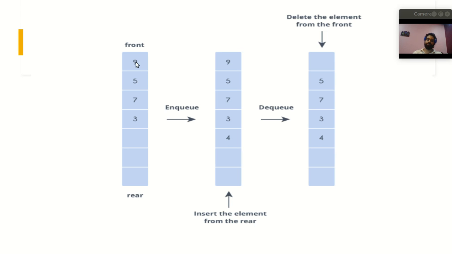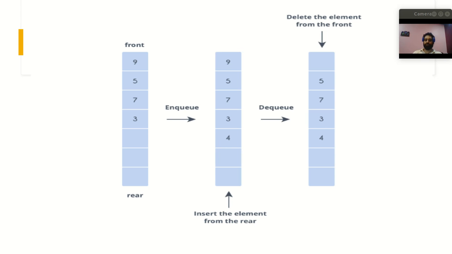The first element inserted is 9, after that 5, after that 7, and then 3. Now let's say we want to enqueue another element, 4. We insert it from the rear end, and it will come behind the 3.